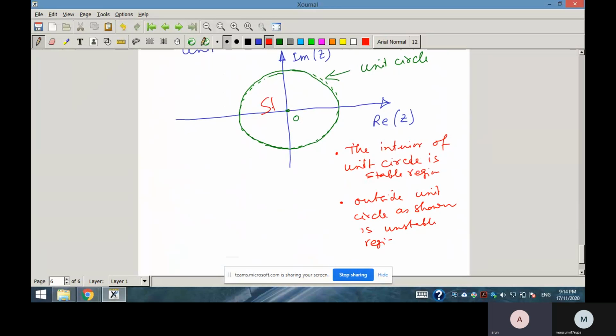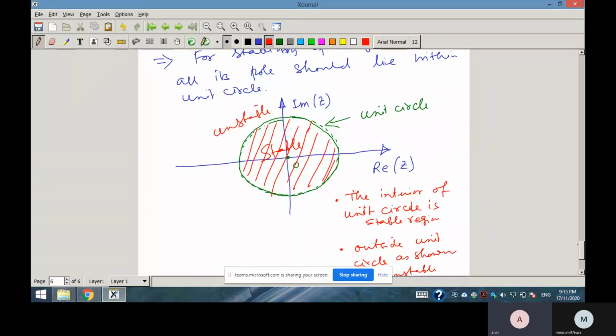This is stable, this is unstable. So this is the stable region, bounded by the unit circle.